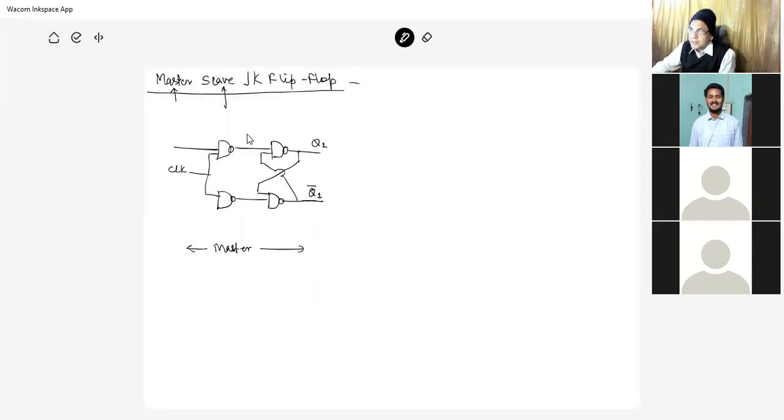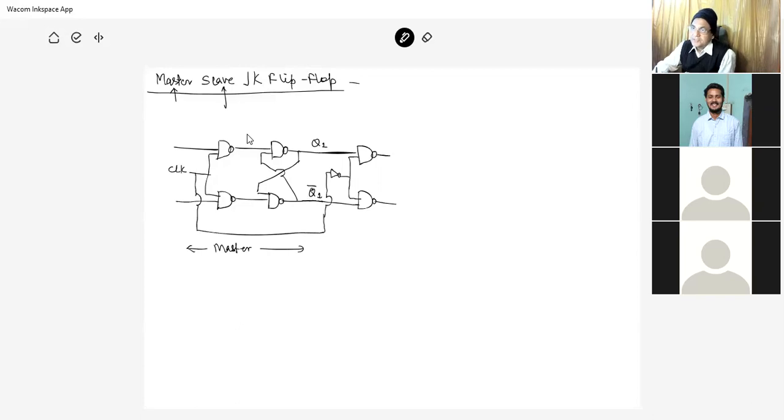And the slave part is this. The output of Q1 is fed back to another NAND gate, and these are connected with the clock point with a NOT gate on this clock.